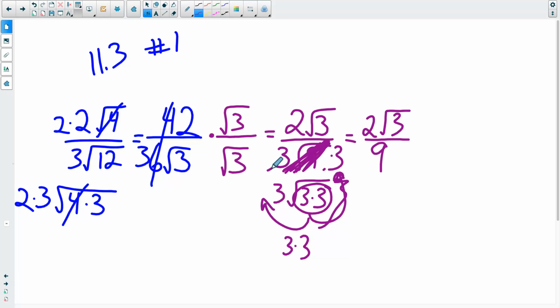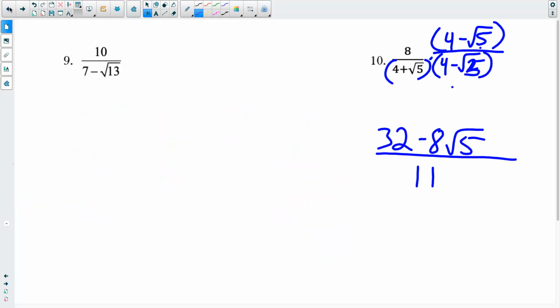Oh. 5. You're going to times the top and the bottom by the square root of 5. Okay? Now, conjugate, you don't use on these first 4 homework problems. We're going to use them on the bottom 4 homework problems. And we only use the conjugate when I have like a minus sign in the denominator, or if I have a plus sign. If I'm adding a number and a square root together, that's when I'm going to use it.